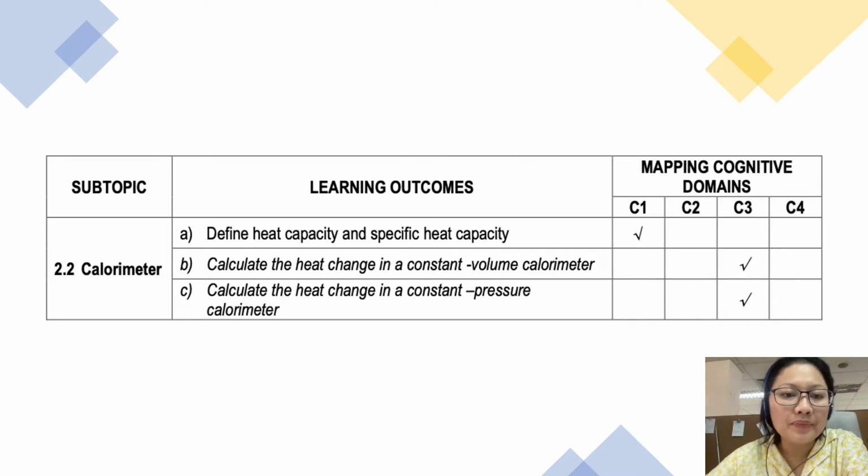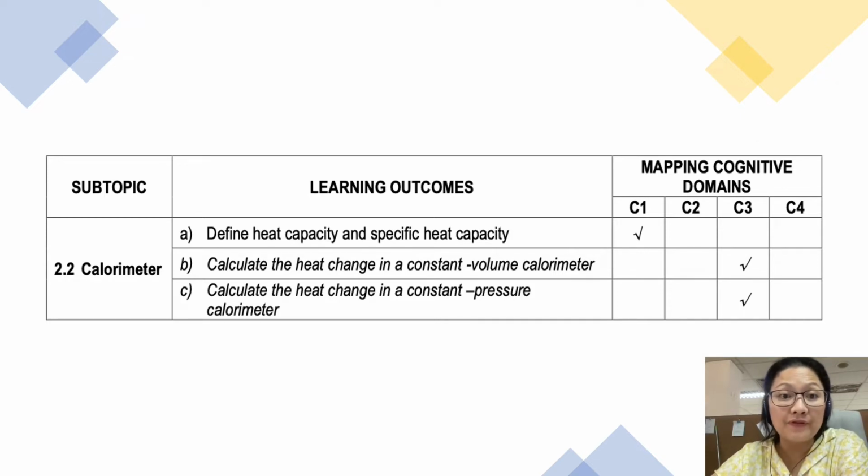And then B, calculate the heat change in a constant volume calorimeter. C, calculate the heat change in a constant pressure calorimeter, which means you are going to be introduced to 2 types of calorimeter. The first one is the constant volume calorimeter, and the second one is the constant pressure calorimeter.